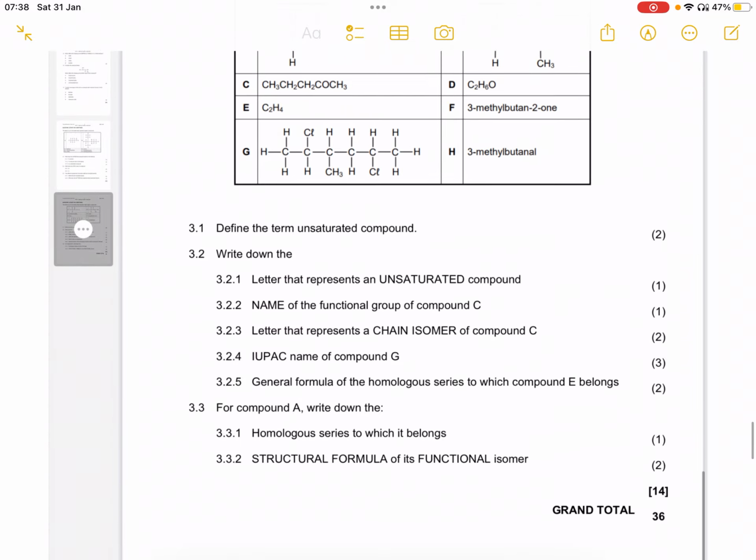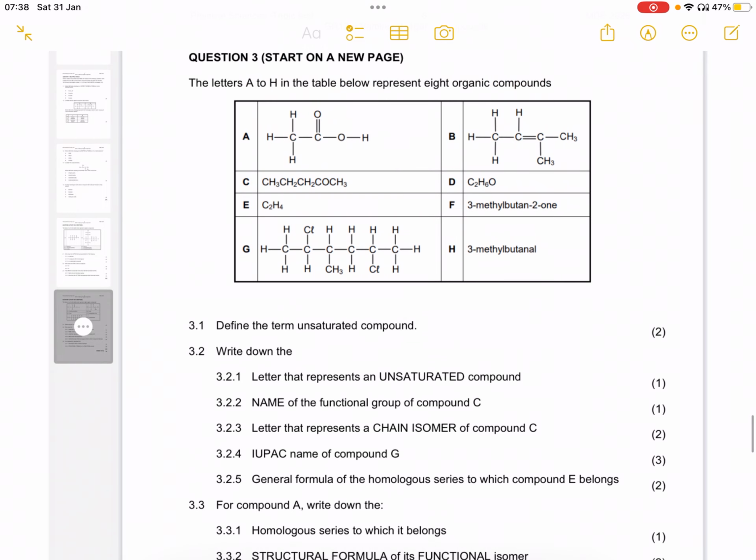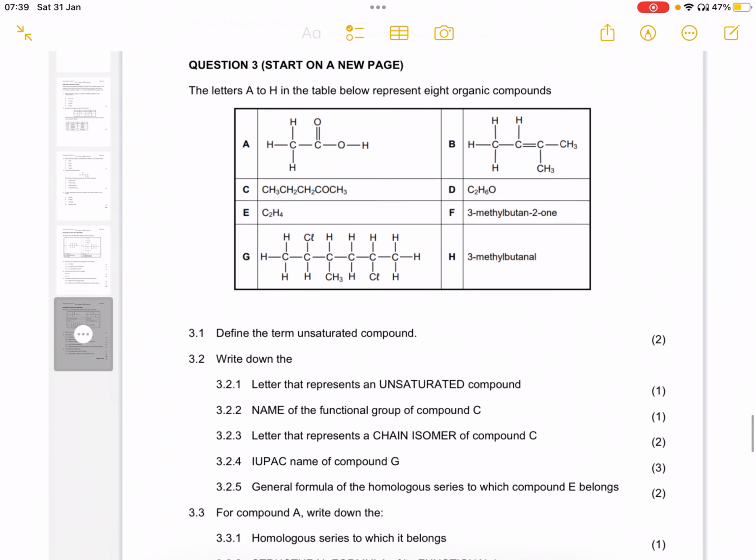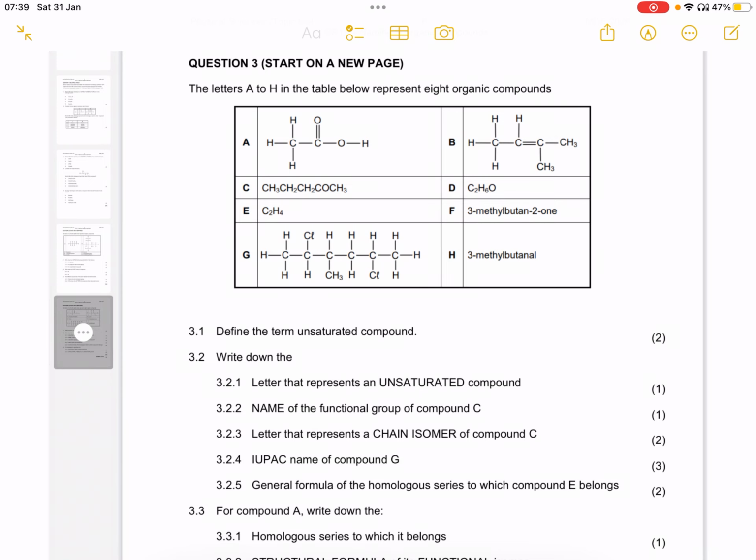3.2.3, a letter that represents a chain isomer of compound C. Now, looking at this, which one? It's either an aldehyde or, well, an aldehyde will not be a chain isomer. Well, no, can't be an aldehyde.